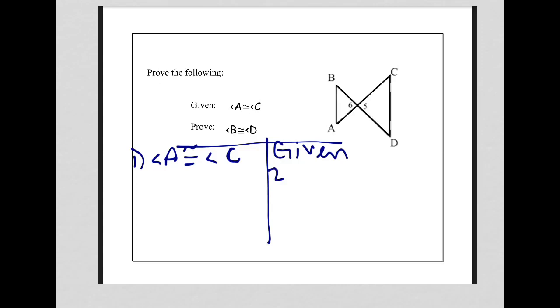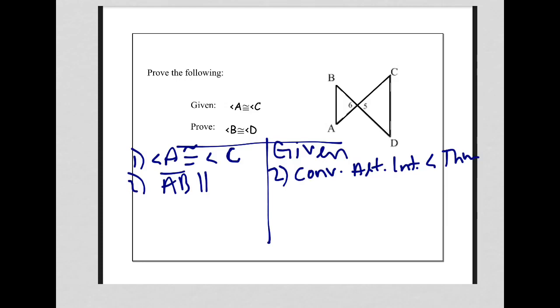From there, we can use the converse of the alternate interior angle theorem, and that tells us that segment AB is parallel to segment DC.